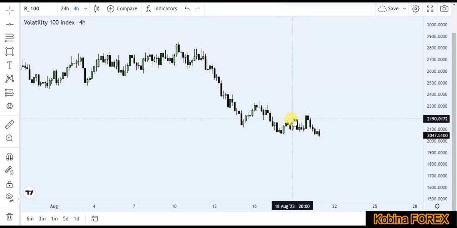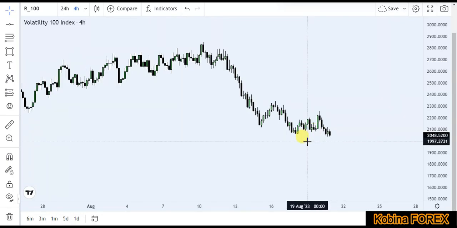The buy side liquidity is taken, and the sell side liquidity is also taken just as quickly. So basically, that is the update I have for you on volatility 100. We are looking for lower prices, but I'll give you an update if there's a clean entry to be taken. We will consider that, and then we'll see our way forward.